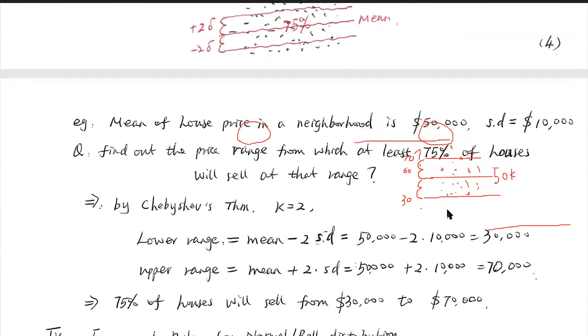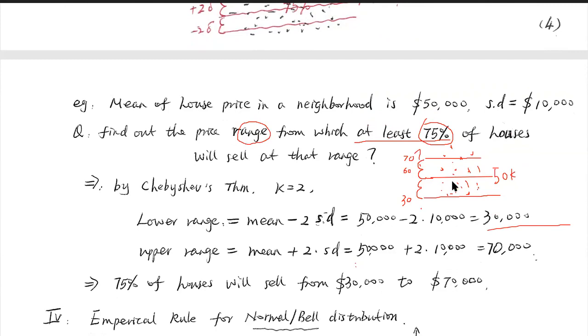So for that range, we know that we will cover at least 75% of them. That applies to any data sequence. Okay, could it be more than 75? Like 78, 76, 80, 90, any number bigger than 75 is okay. That's what the Chebyshev theorem tells us.